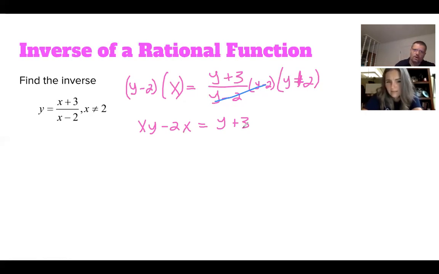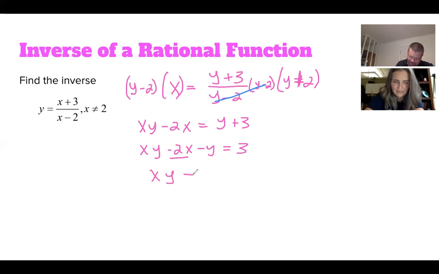So I'm going to bring the y that's on the right side over to the left. xy minus 2x minus y equals 3. But I don't want that term that doesn't have y in it. That's confusing me. So let's move it. I'm not going to write every step because I actually know what I'm doing, but I'm not going to let you know that.